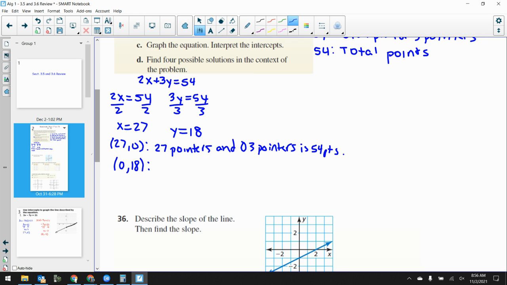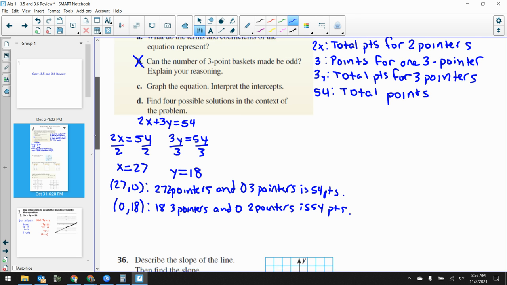Okay, same type of thing here. Sorry, that's 27 2-pointers. I forgot to write that in there. 18 3-pointers and 0 2-pointers is 54 points.